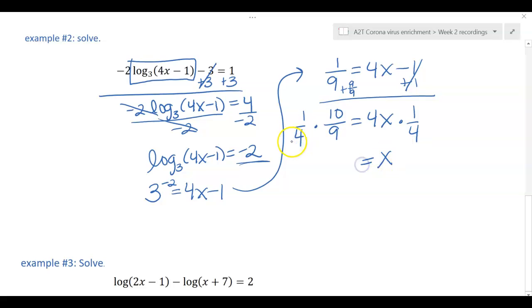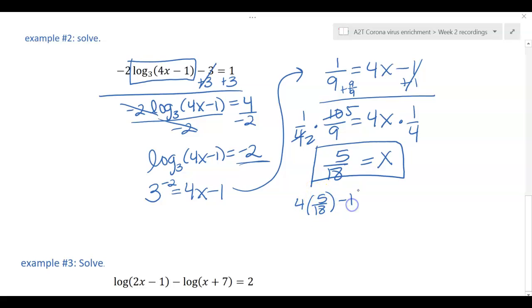So I would get that x is equal to, I'm going to simplify a little bit here, 5/18. And then I'm going to make sure that doesn't make anything in my logarithm undefined. So I would have 20 over 18 minus 1 inside my logarithm. 20 over 18 is more than 1, so that won't end up being negative or 0, so that should be a good solution.